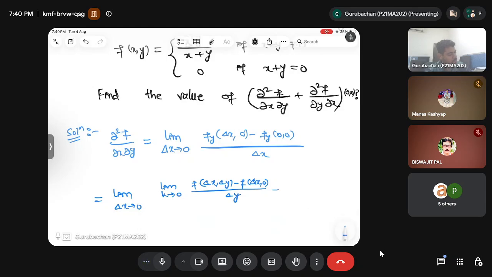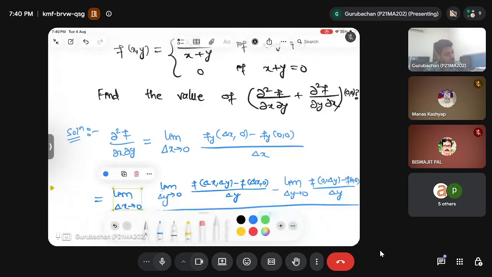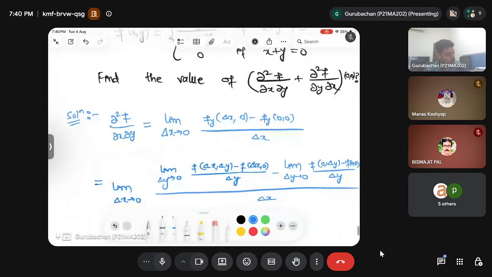I am not interested in the answer. I am just first of all curious how to write this one: f of (0, delta y) minus f of (0, 0) upon delta y. Now calculate this one.